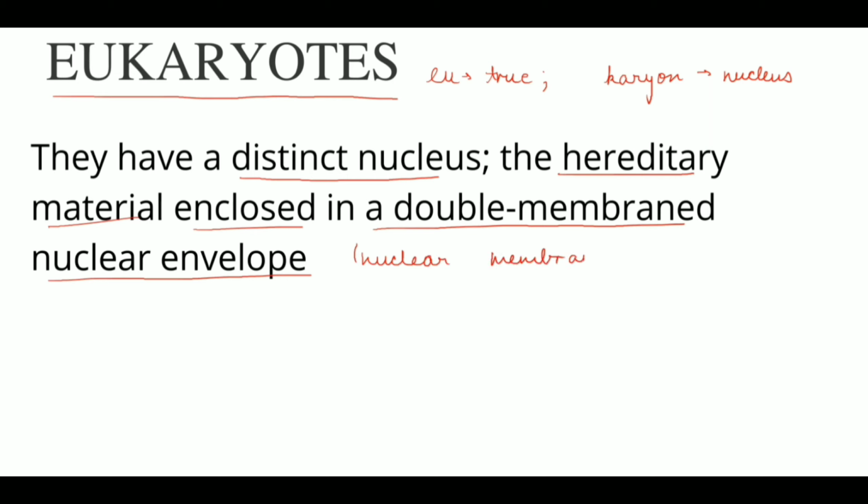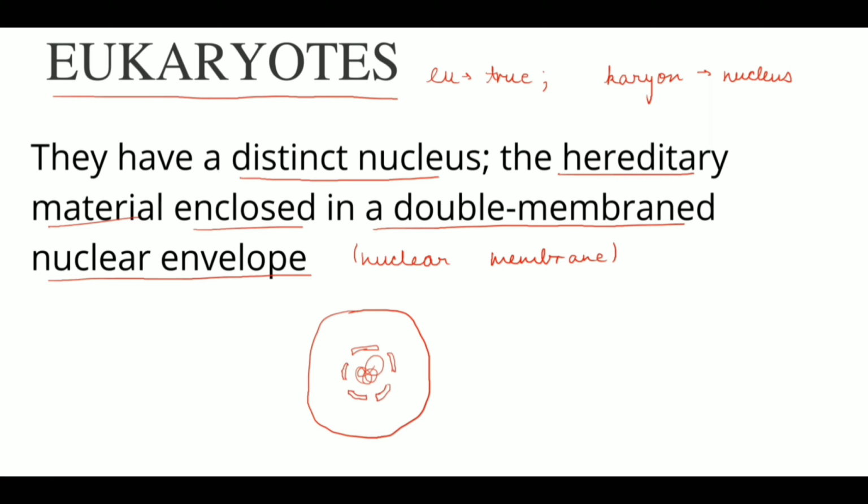Okay, so for example, if I take an animal cell, and for example, this is your genetic material. So this is your double layered membrane, which is also known as nuclear envelope.